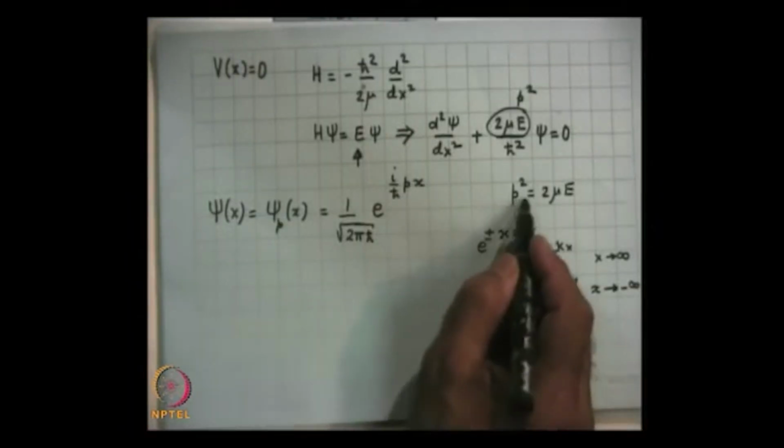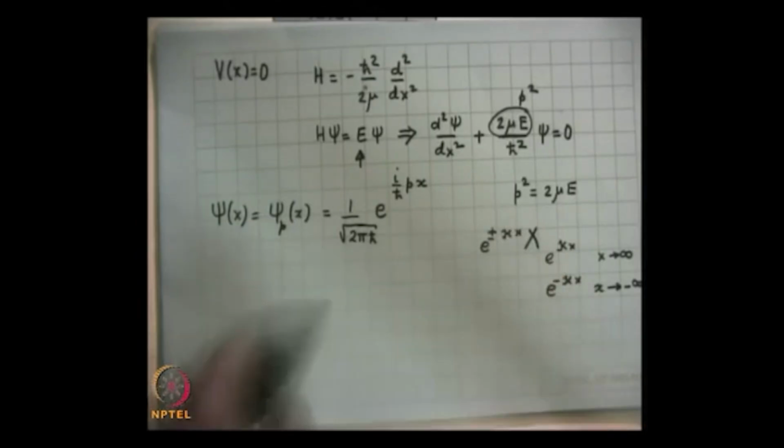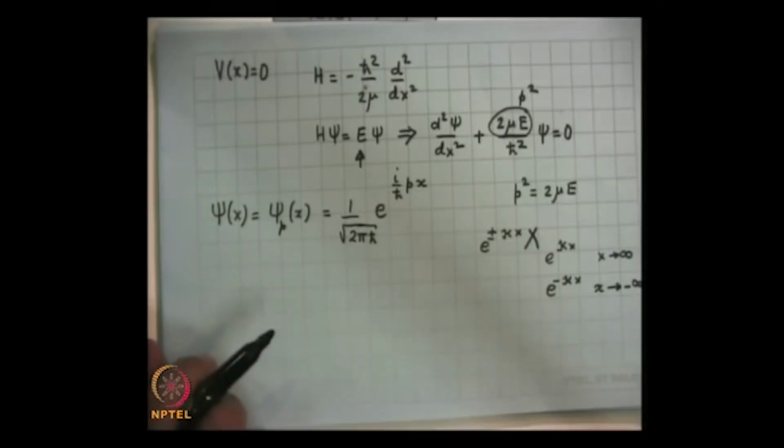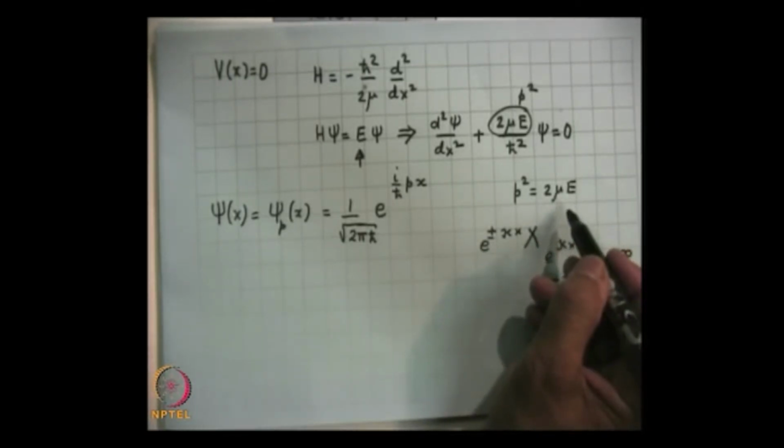So, therefore, E has to be positive, but p can be plus or minus. For a given value of E, there are two values of p, one plus, one minus. We say that there is a twofold degeneracy.